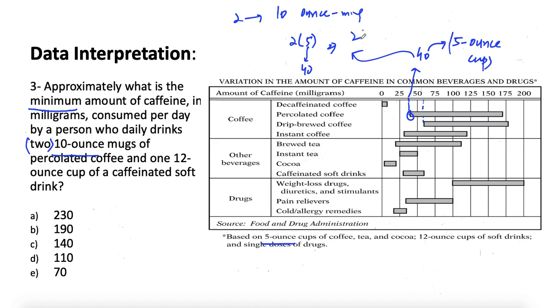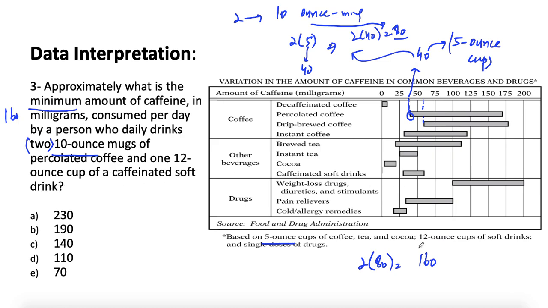So that means 2 into 40 is equal to 80 for 1 10-ounce mug, and we are asked for 2 10-ounce mugs, so that will be 2 into 80, which is equal to 160.